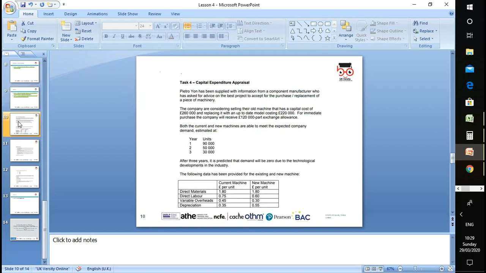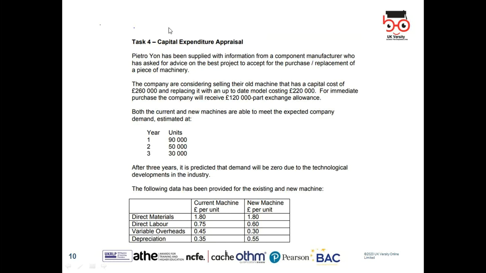That's a major task. Any question up to task 3? No, it's fine. Okay, task 4, we've been given an investment appraisal, and we've been asked to do the investment appraisal. We've been given the current machine and the new machine.